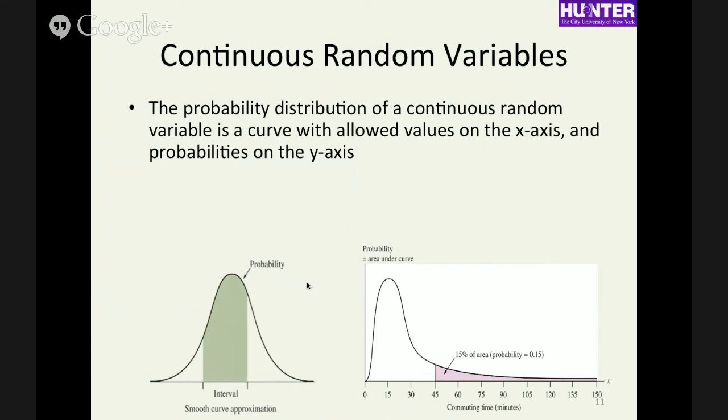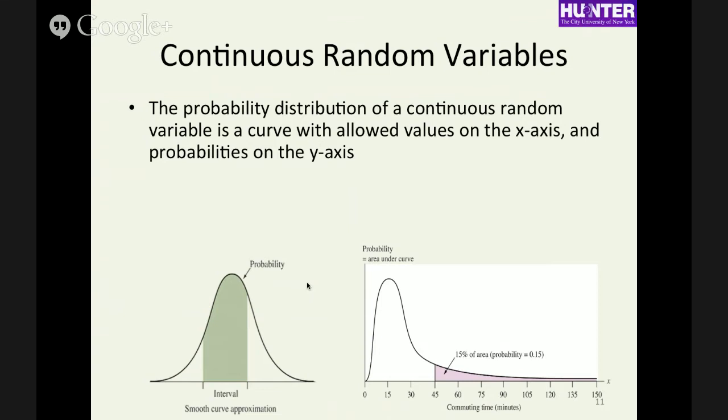So we're going to be doing a lot of looking at the probability distributions of a continuous random variable. And so that gives you the probability for any given width of this.